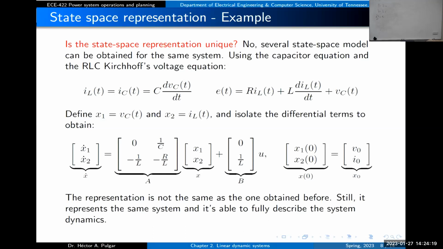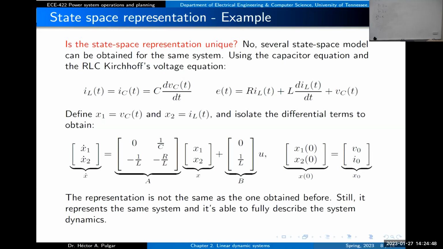So we can define here, for example, x1 can be the voltage of the capacitor, and x2 can be the current of the inductor. Does it make sense? Yeah, it's simple. And why would we like that? Because we know that voltage is related to the energy stored in the capacitor. So that makes perfect sense. And in the inductor, the current is related to the energy stored in the inductor. So that makes perfect sense.